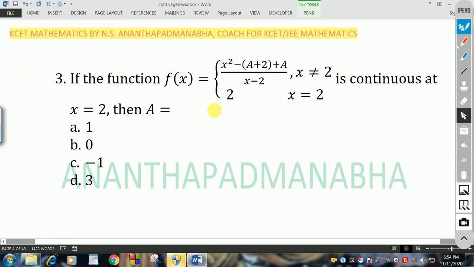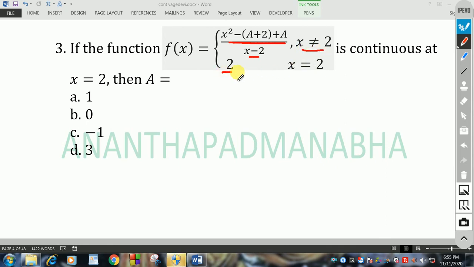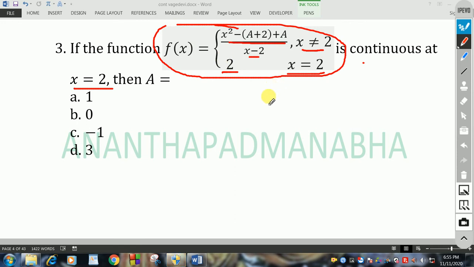If the function f of x is equal to x square minus (a plus 2) plus a by x minus 2 for x not equal to 2, and it is equal to 2 when x is equal to 2, and it is given that this function is continuous at x equal to 2, then a is equal to option A 1, option B 0 and minus 1, option C and option D 3.